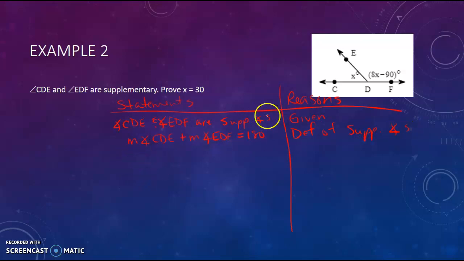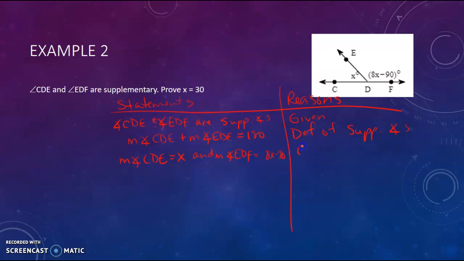Now, it's given to me by the picture that the measure of angle CDE equals x, and the measure of angle EDF equals 8x minus 90.